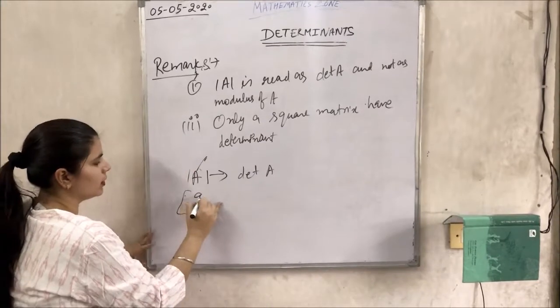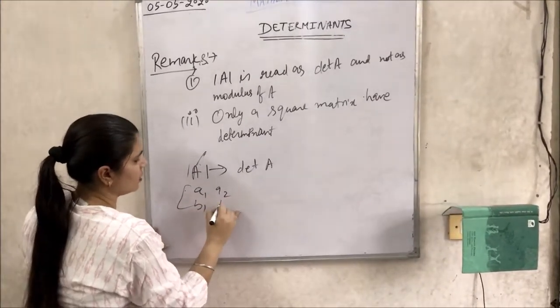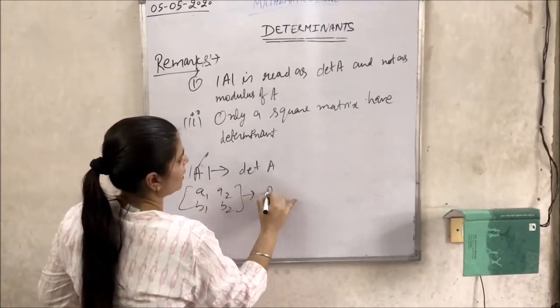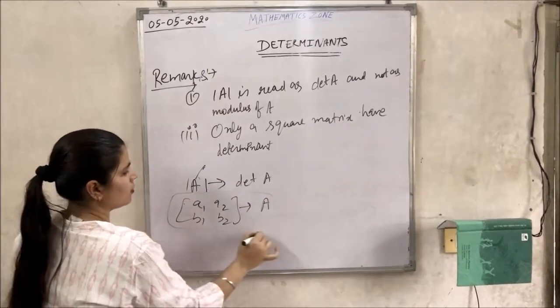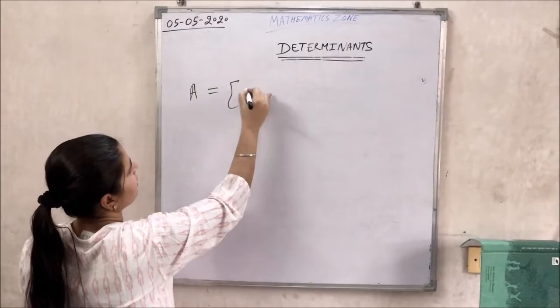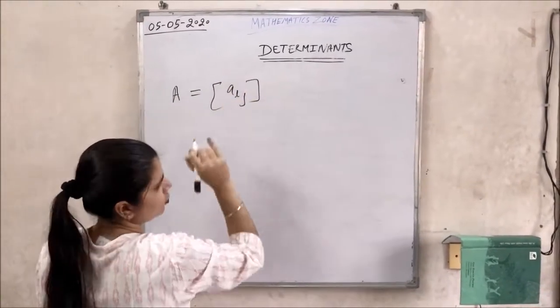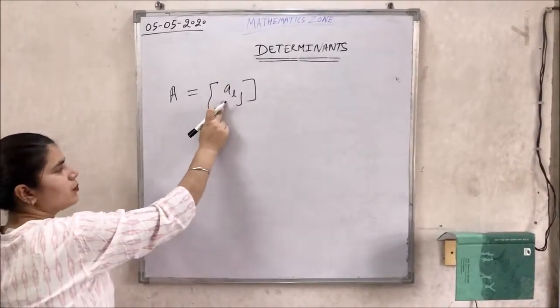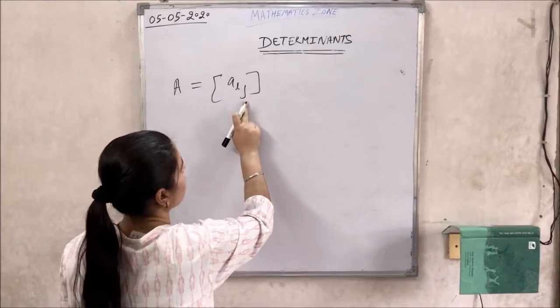That means a1, a2, b1, b2, such kind of matrix can have a determinant. Matrix A is denoted as A equal to aij, where i is the number of rows and j is the number of columns.